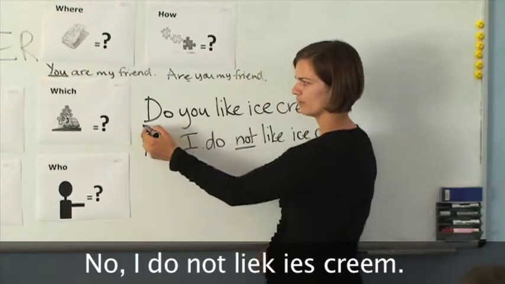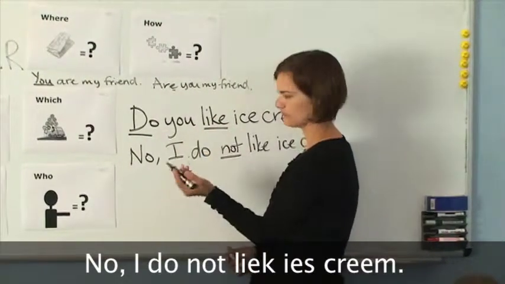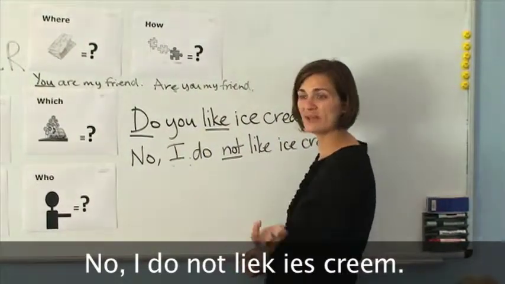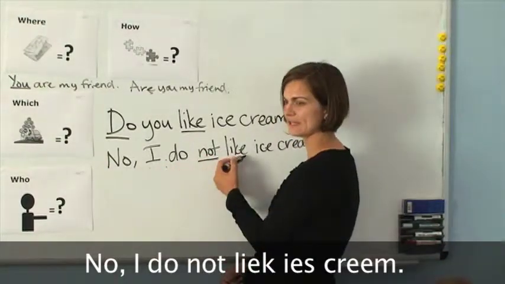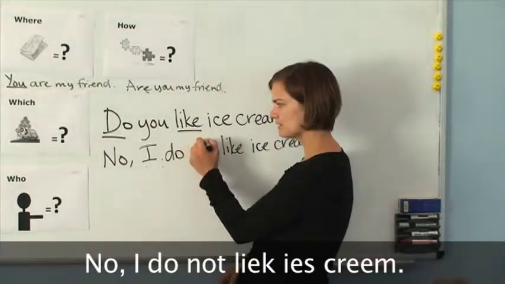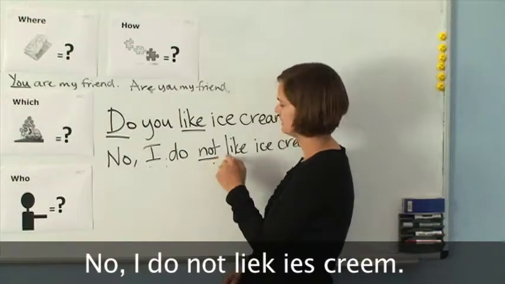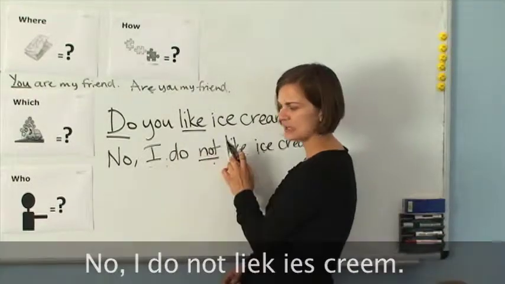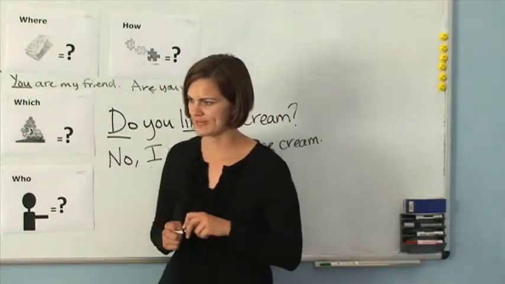Remember, the verb with the auxiliary verb, do like, is the verb. If I said yes, what would I say? I would say, yes, I do like. When I'm saying I don't like, it goes right between. I do not like. So it separates our verb. It goes right in the middle.